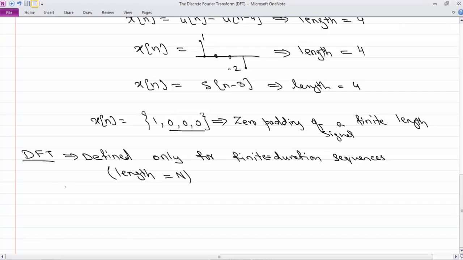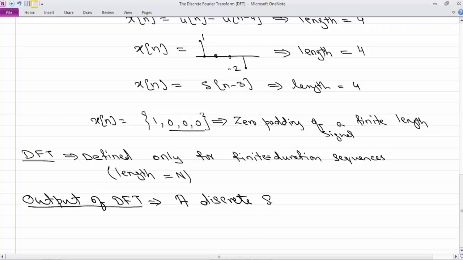What it means is that the output of DFT is itself a discrete sequence. It's a discrete transform, so it's a function of a discrete variable.